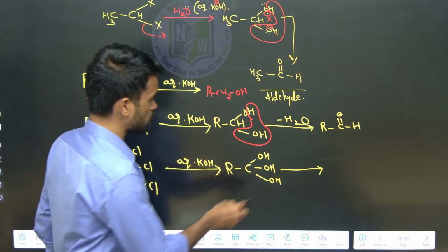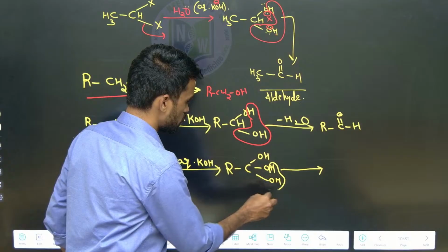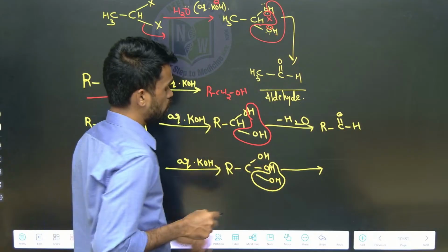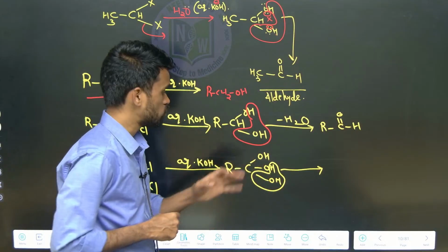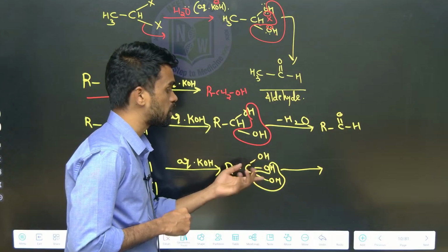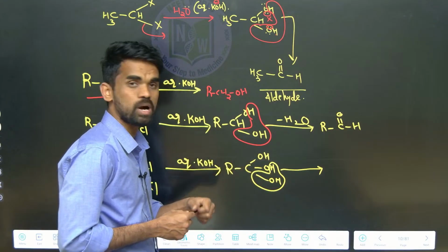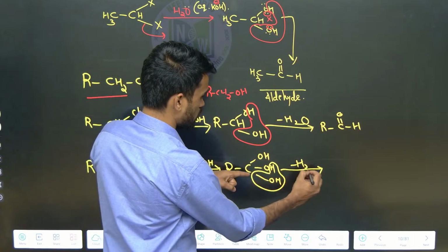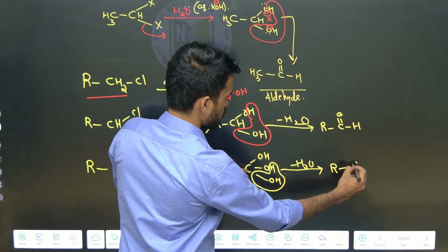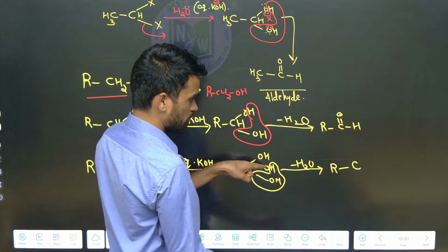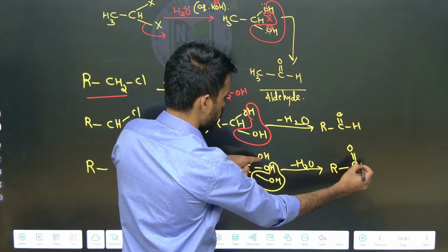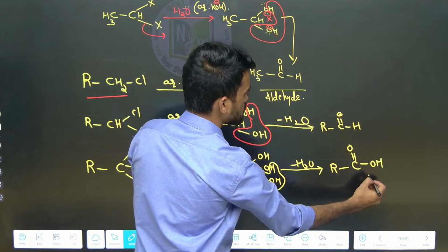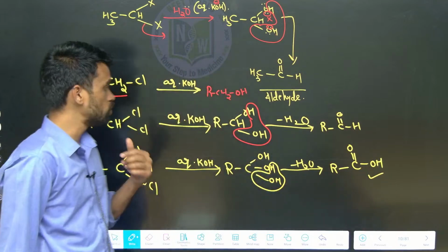Hydrogen, this one, with an OH. But one more OH is also there, and we cannot eliminate that as water, because there is no other hydrogen to remove it as water. So what do we have after eliminating water? The alkyl group carbon with one oxygen and one OH group. Carboxylic acid is present.